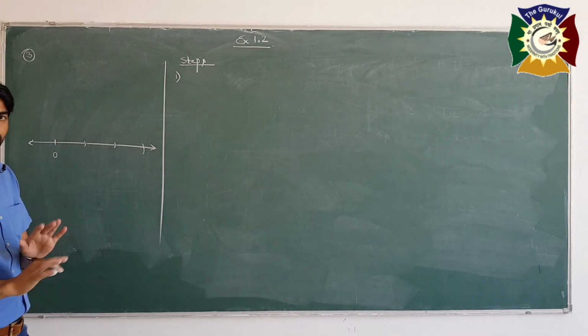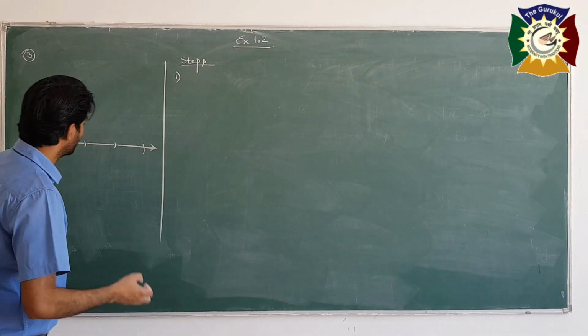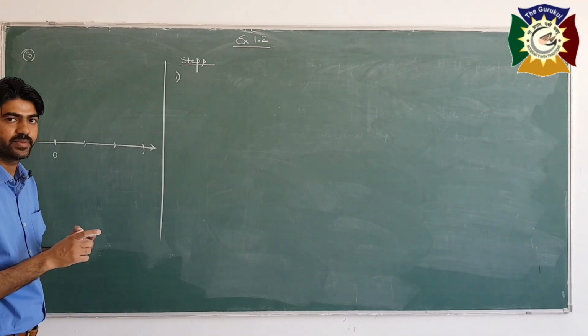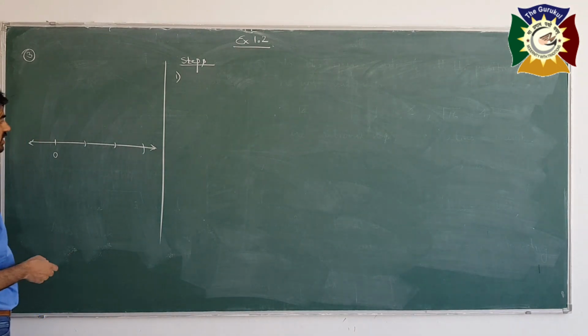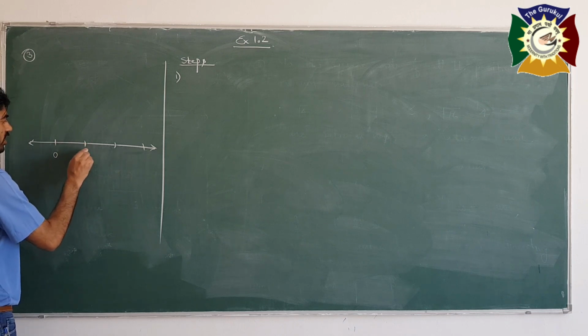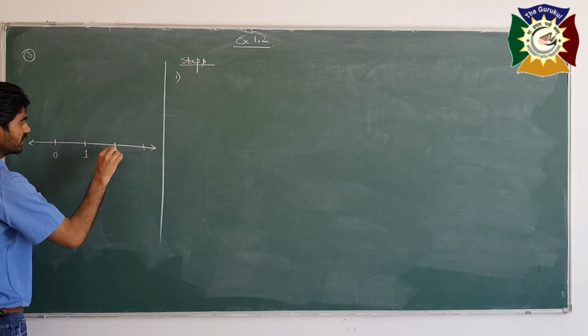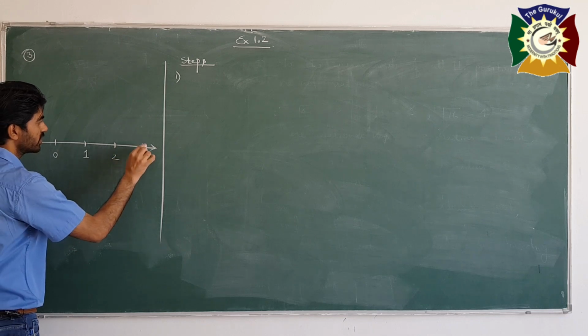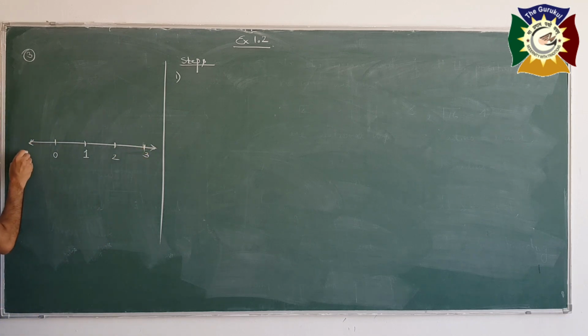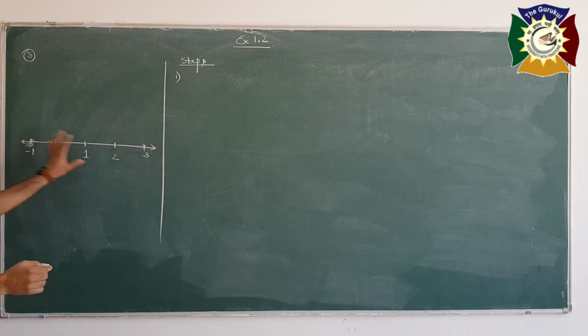It will not require any measurement. All the gaps will be of equal size if you take the gaps with the help of your compasses. So this is 1, this is 2, this point is 3. Similarly, on this side it will be minus 1 somewhere. Now, this is a number line.